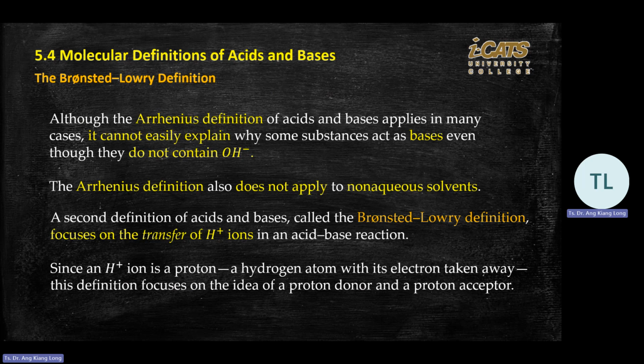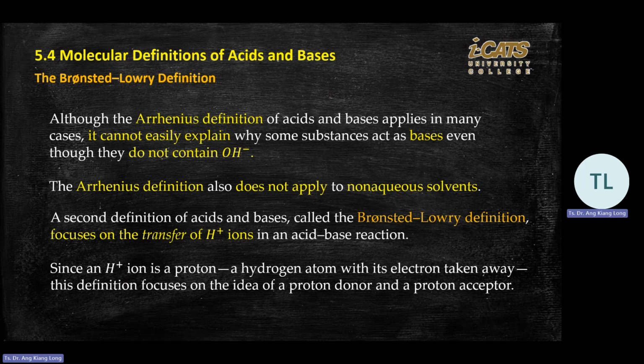We start with acid first. If it's acid-base, we focus on transfer of H plus ion. And there are two types of characters in BL. If you give out H positive, you are the donor. If you receive H positive, you are the acceptor.